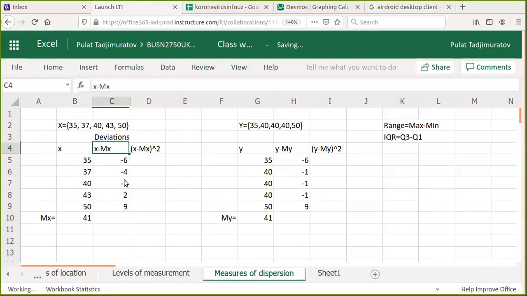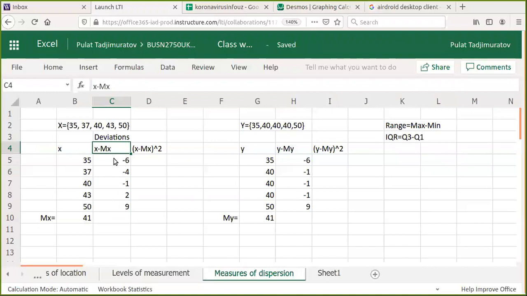In some sense, these are distances from the mean. These numbers, deviations, show us how far from the mean our entries are. But they are different. Each entry has its own deviation.